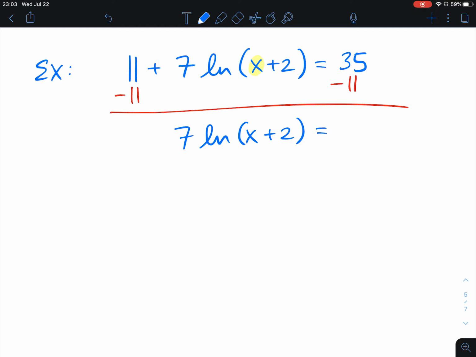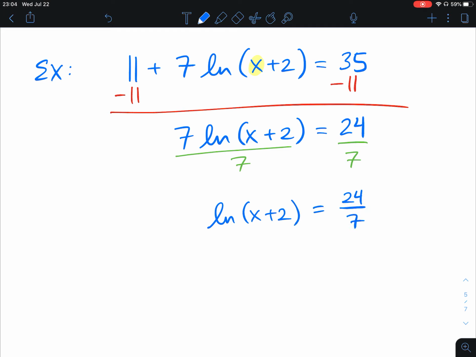On the right, that's equal now to 24. Now, maybe it makes sense to get the ln term alone by dividing both sides by 7. So that'll leave us the natural log of x plus 2 on the left and 24 over 7 on the right. Now what? Our goal is to get x alone.